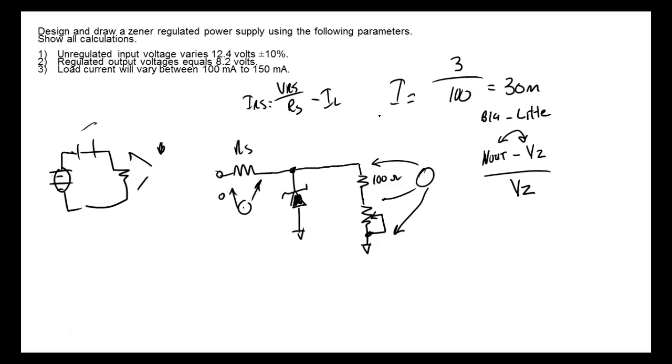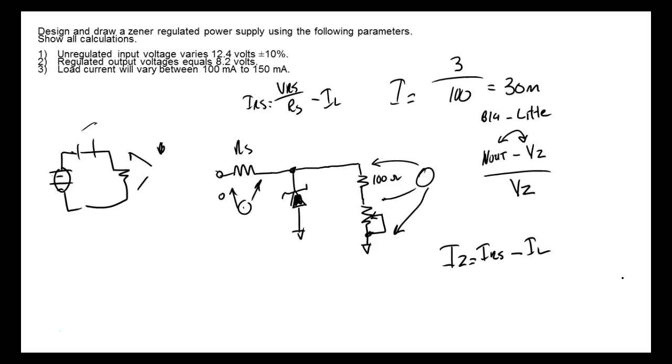So if the load current is constant and the input voltage goes up, what happens to Zener current? Zener current, IZ, is always equal to IRS minus I the load.